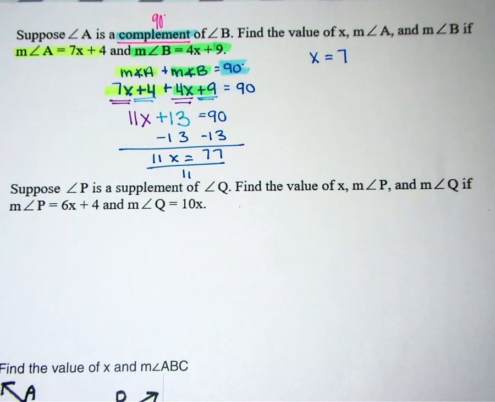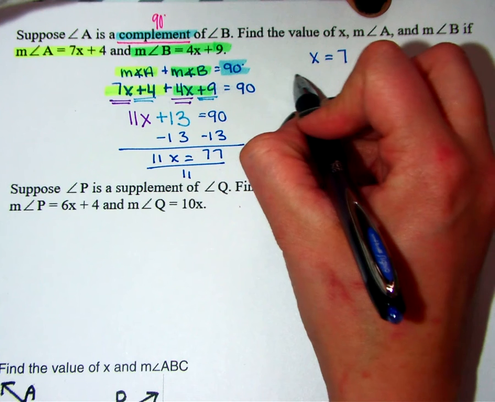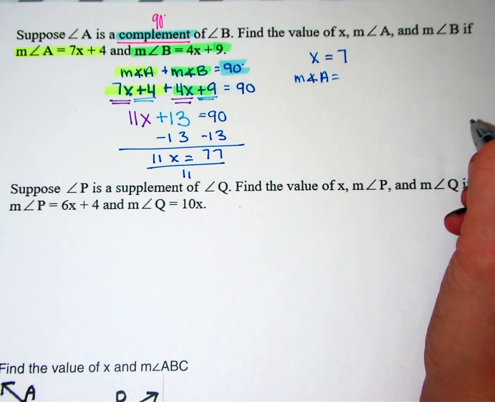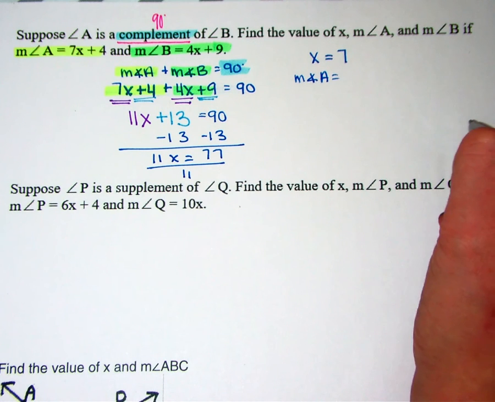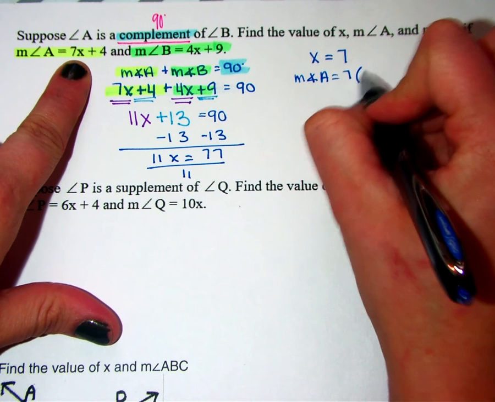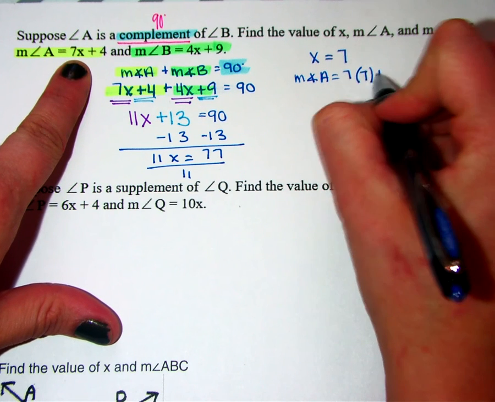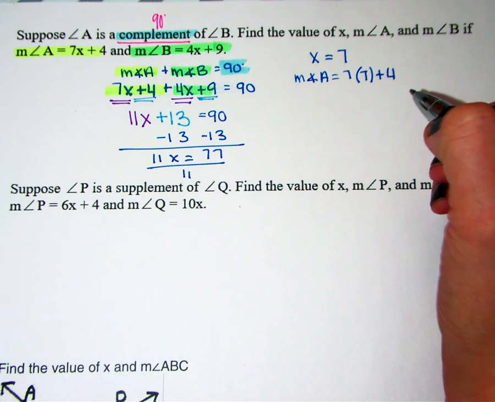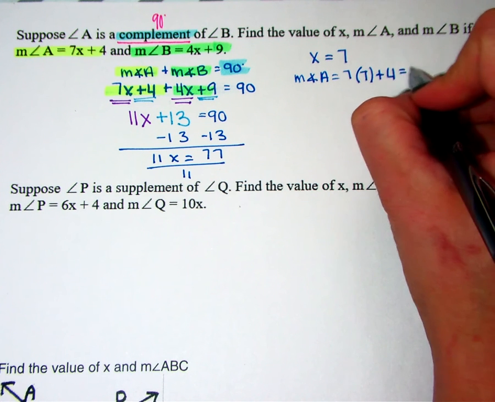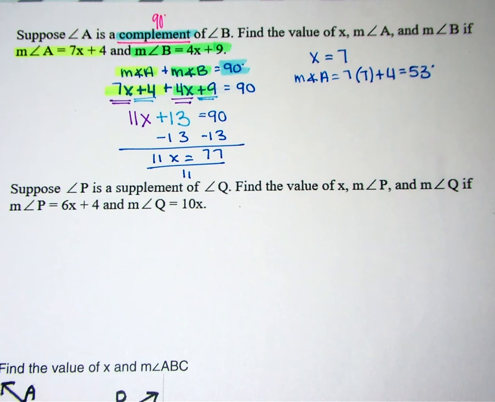Now in this problem, we also want to find the measure of angle A. We're just going to substitute, just like we've been doing with segment addition and angle addition. So angle A is 7 times x plus 4. 7 times 7 is 49, plus 4 gives us a value of 53 degrees.